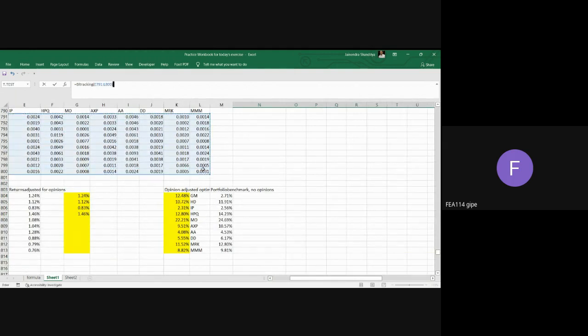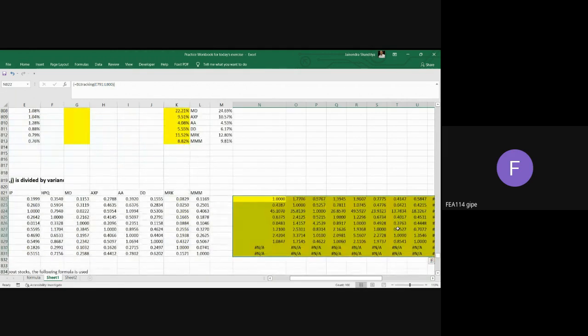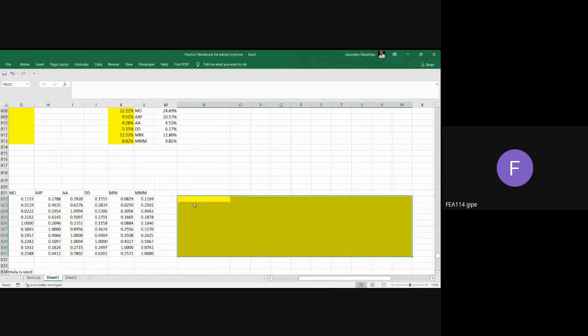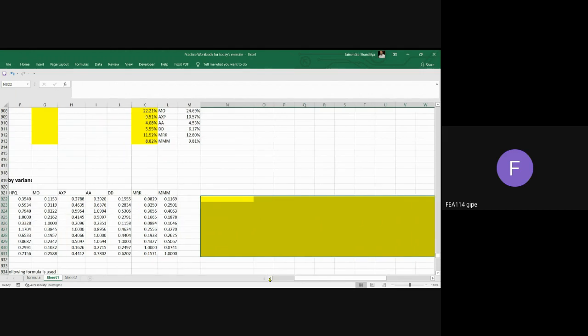And I close this bracket and press Control Shift Enter and see my entire value has changed. Why did it? See, we are getting some values like NA. You know why? Because while selecting, I forgot to select the entire range. So let me remove them and once again select them. So I get the value.